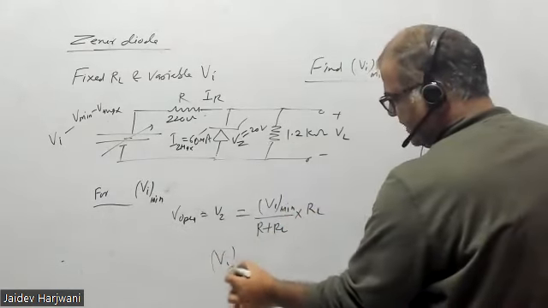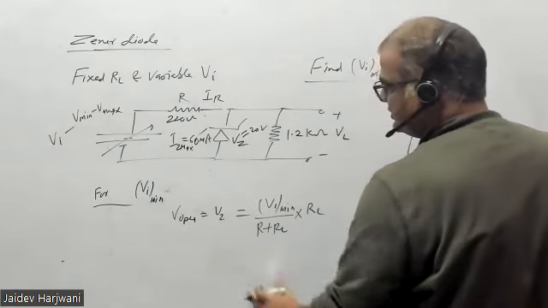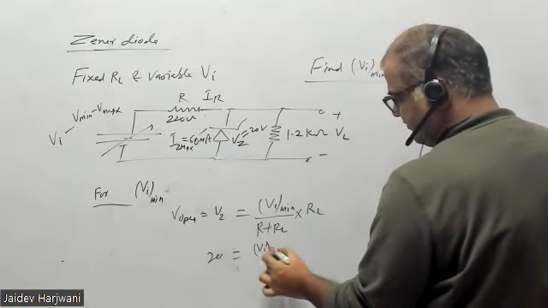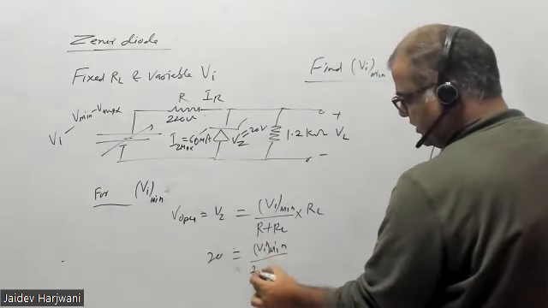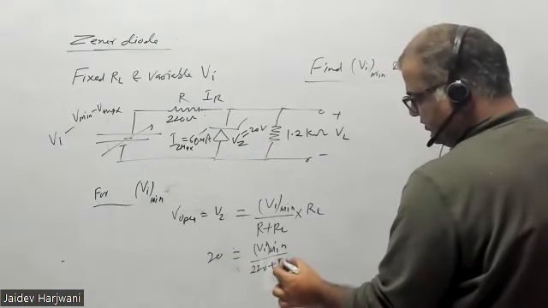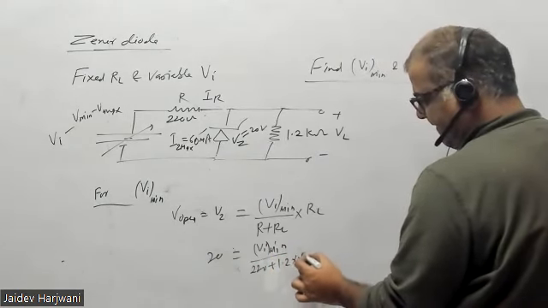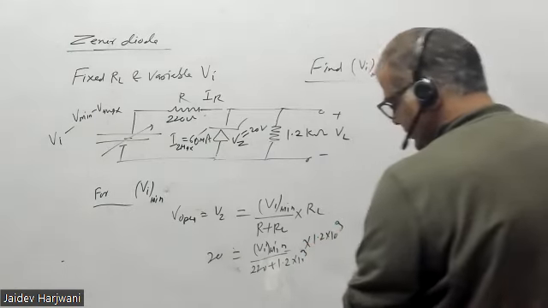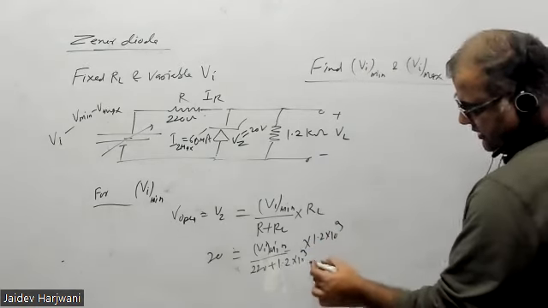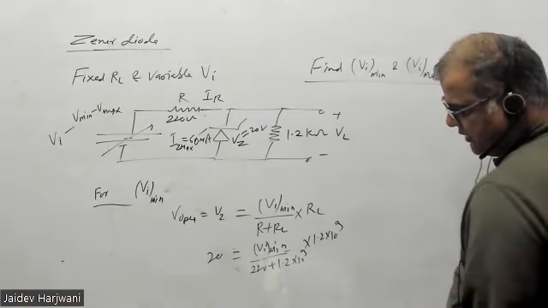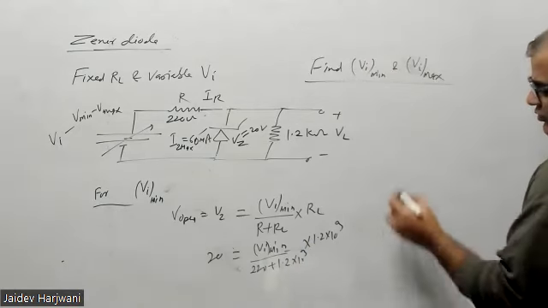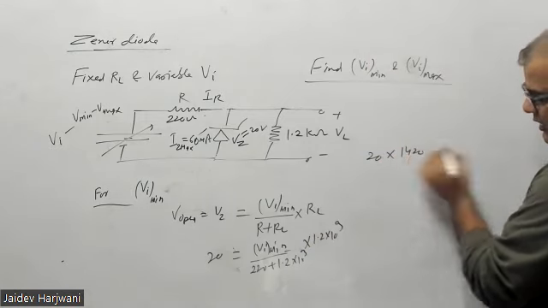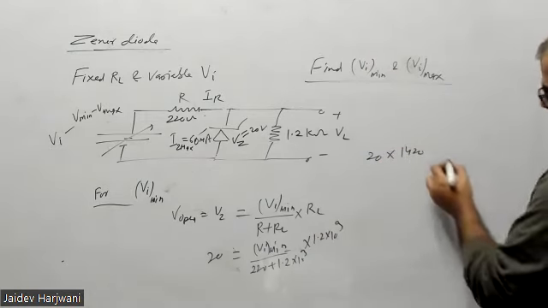So VI minimum, put the values: 20 equals VI minimum divided by, R is 220 ohm and RL is 1.2 kilo ohm. How much will this be? This is 1200 ohm and this is 220 ohm, so 1420 ohm. So 20 into 1420 equals VI minimum times 1200.